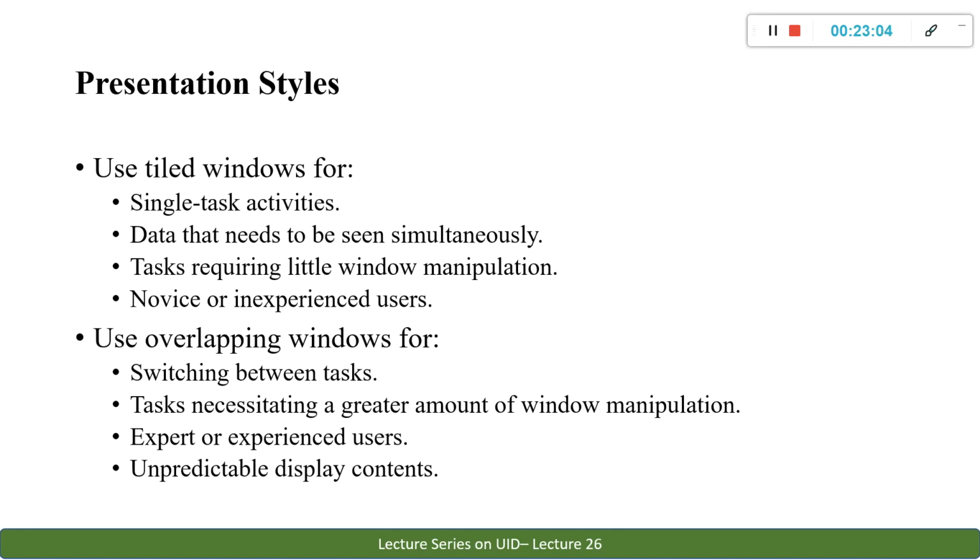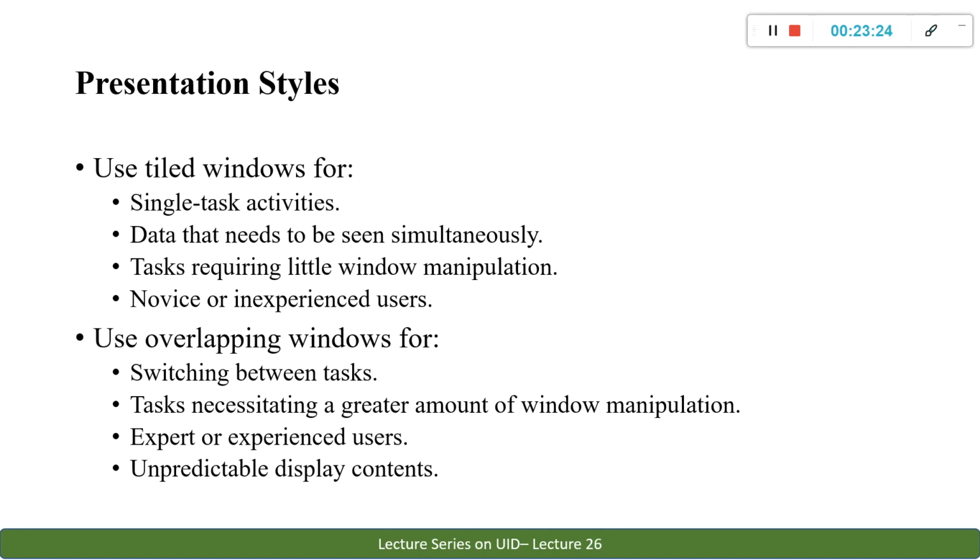If you are using tiled windows, they are especially meant for a novice or inexperienced user. You can use them if your customers are inexperienced, so that you can display all the contents on the screen directly.